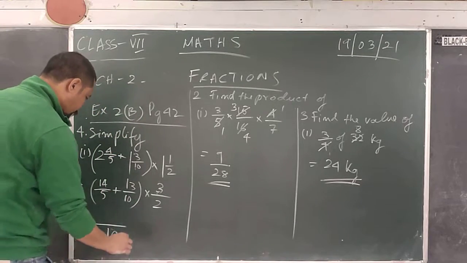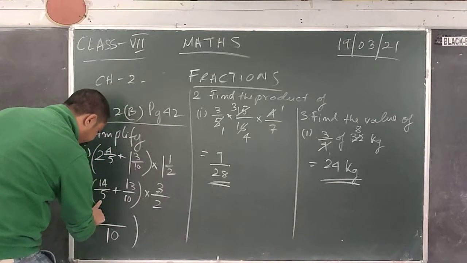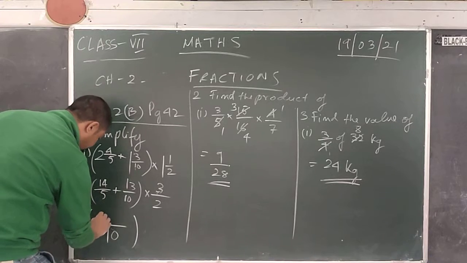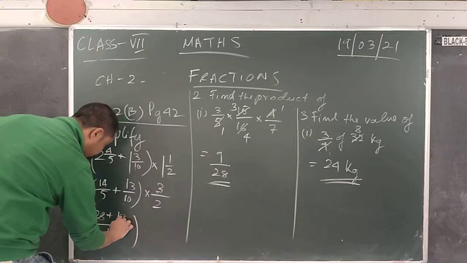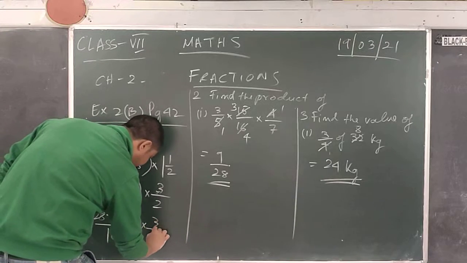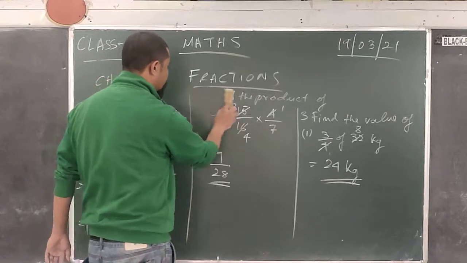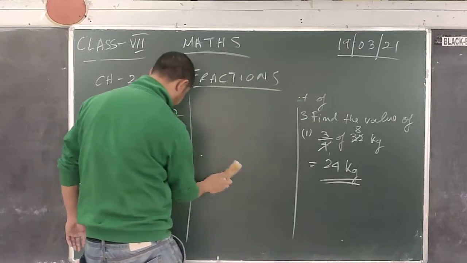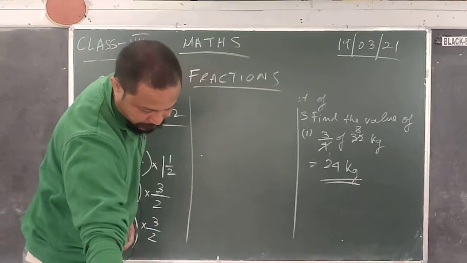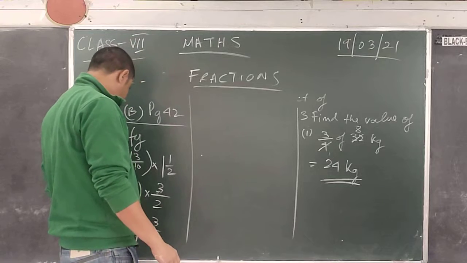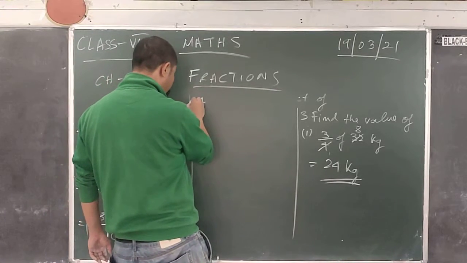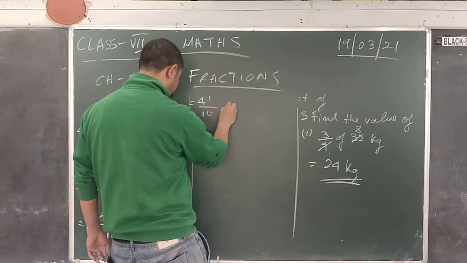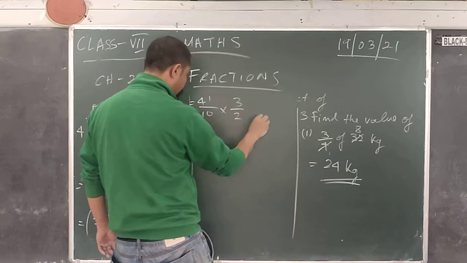Okay, so 5 2s are 10, 2 14s are 28, plus 1 into 13 is 13, into 3 by 2. So 28 plus 13 is 41 upon 10 into 3 by 2.